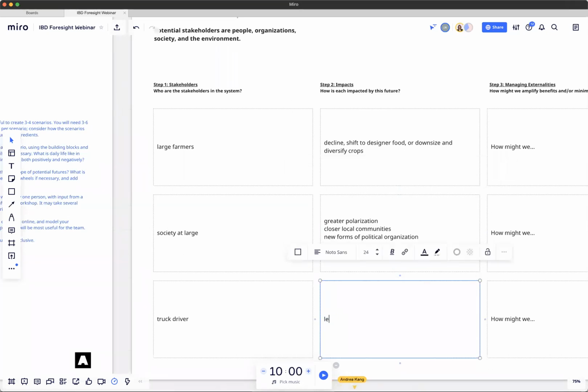Probably is less work. Yeah. You know, if we were doing this again thoroughly, we might go back to that AI futures wheel and think about truck driving becoming automated. Mm-hmm.